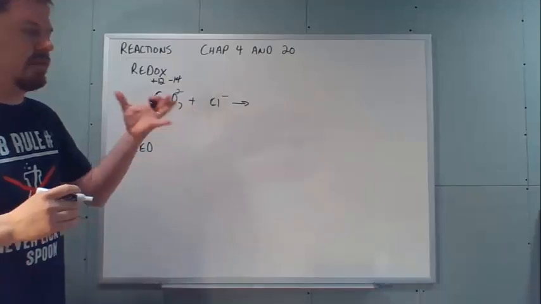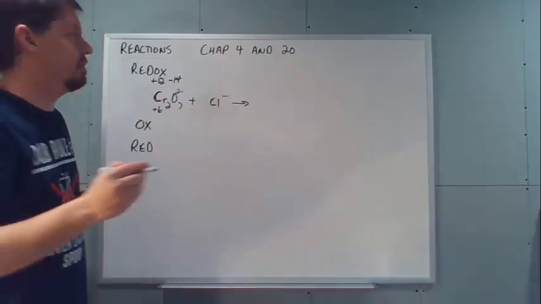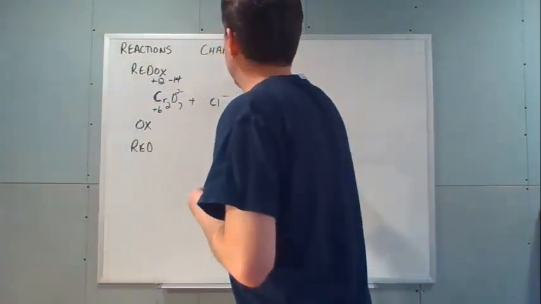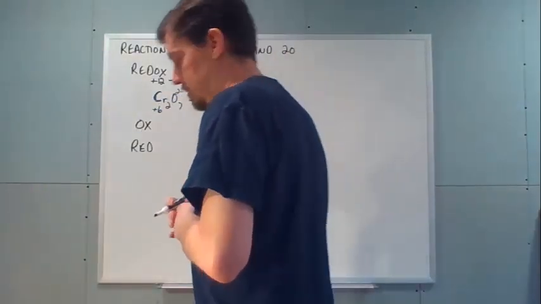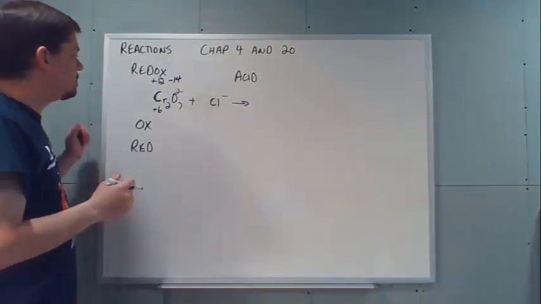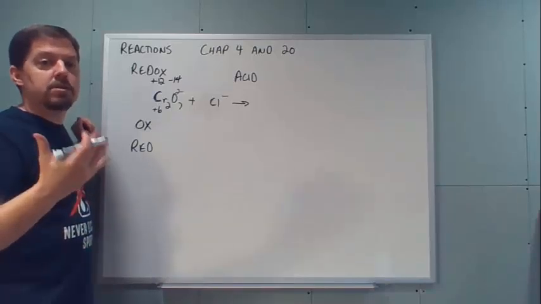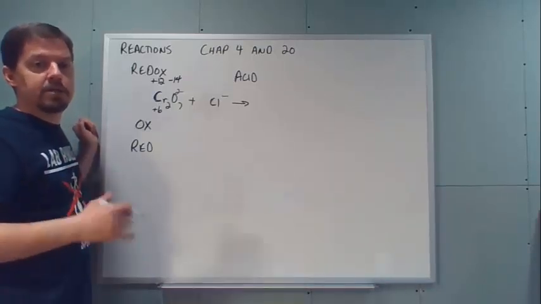All right, so the other part of this that helps you recognize that you have an advanced problem is it tells you whether your solution is acidic or basic. So I'll just go with this is an acidic solution. Since it's an acidic solution, what we need to know is what charge our metals are going to want to go to.